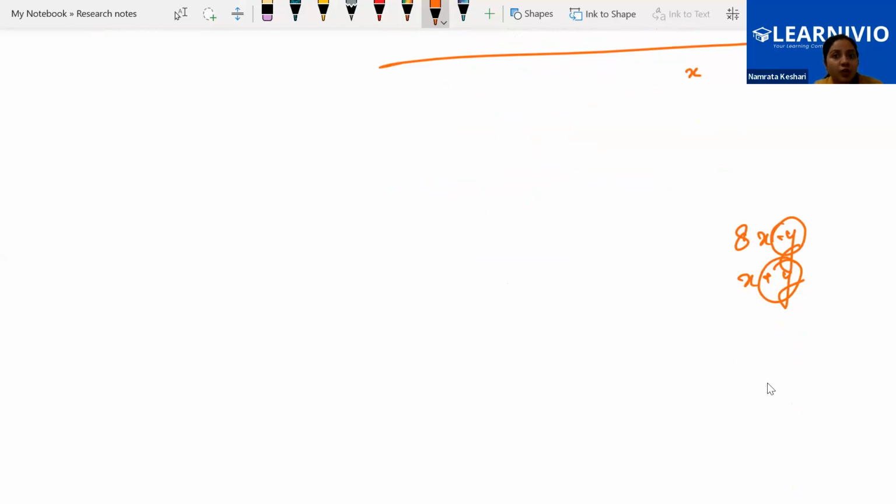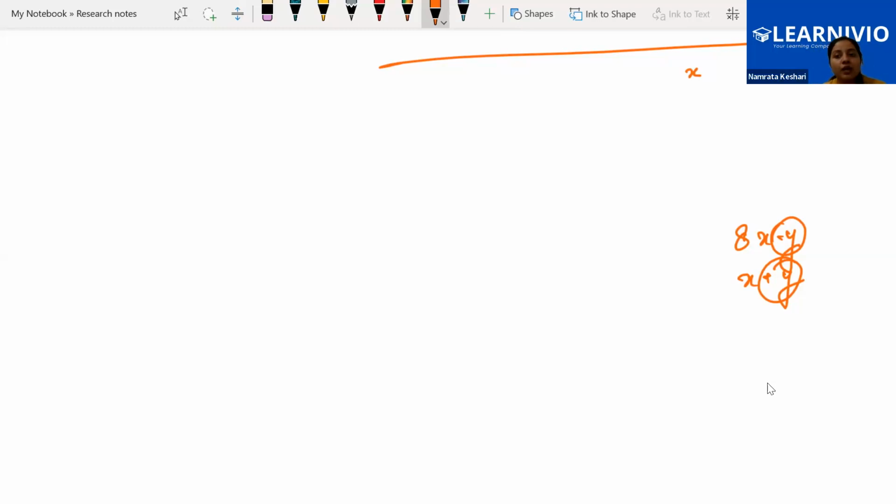Elimination round means removal round is going on. We have to remove one of the variables from here. This y and y, we have to remove so that we can easily calculate the x value. Or if possible, we remove the x variable. Any one variable we want to remove here, that's called elimination.